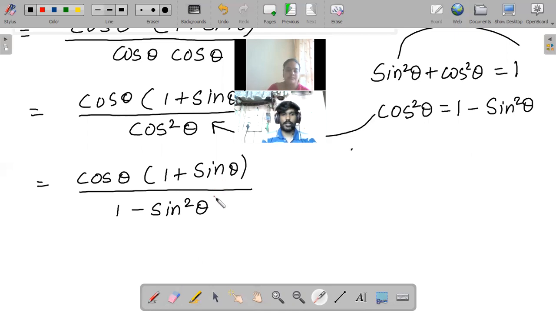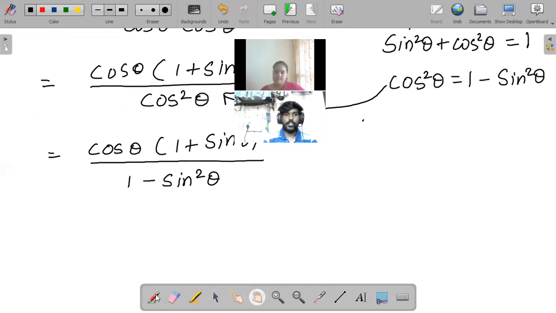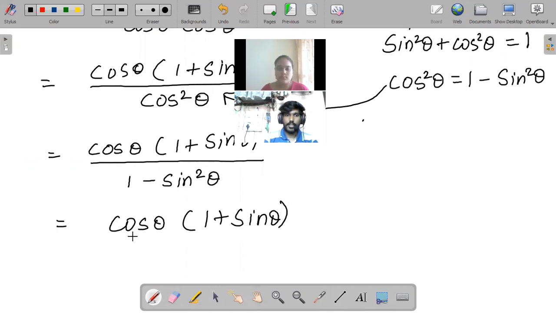Yes. Okay. Now this denominator, we will rearrange a little bit more. Now, this one here, you can write it as 1 square. Yes or no?